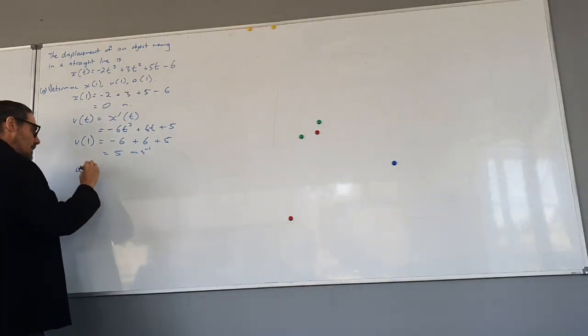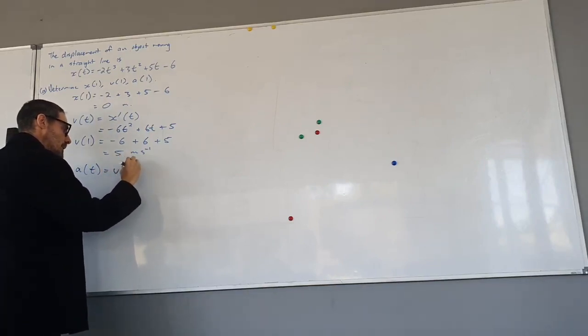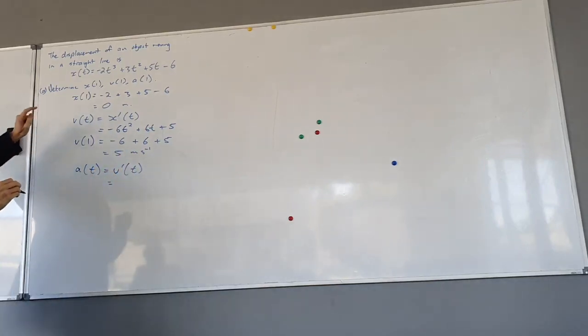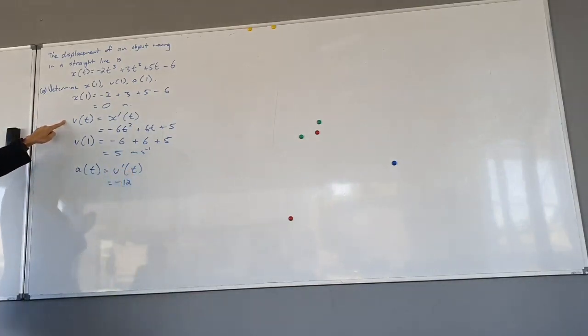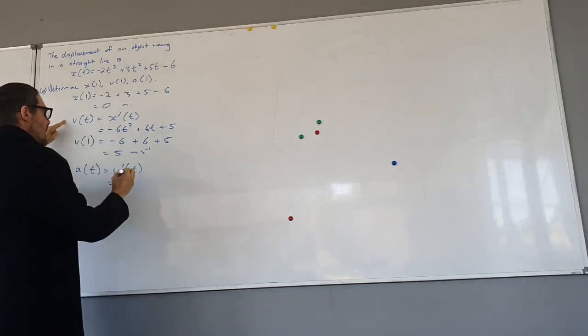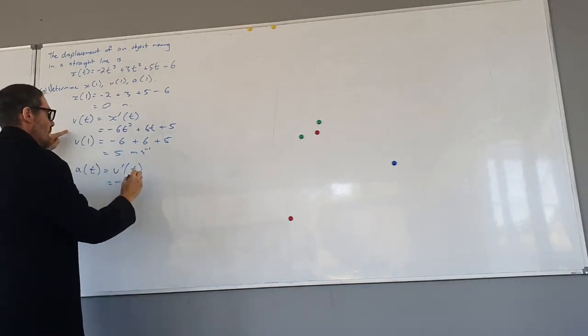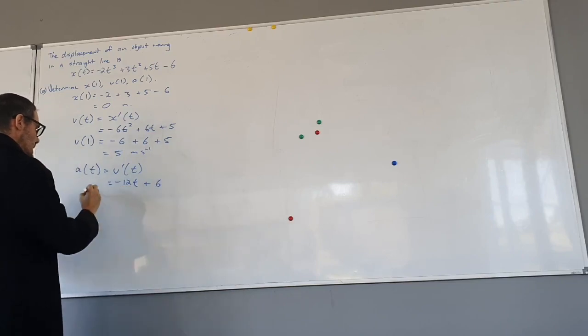And acceleration is the derivative of velocity with respect to time. Negative 12t plus 6.